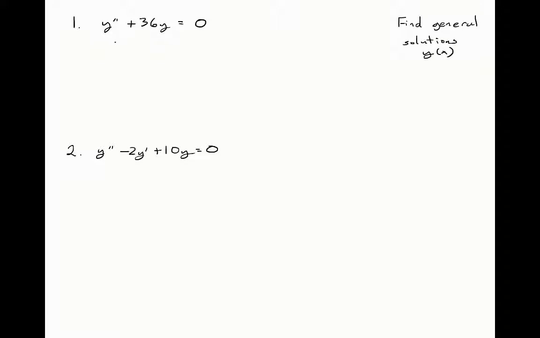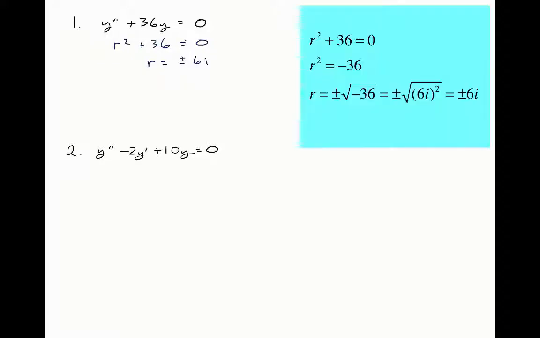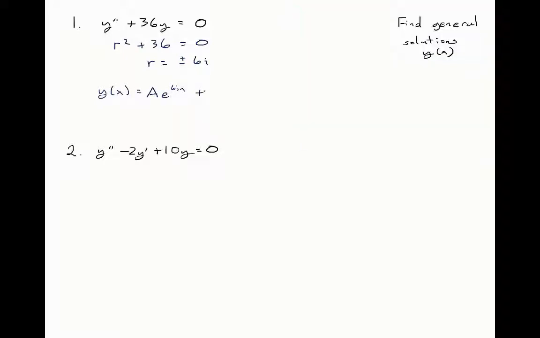Okay, let's write our characteristic equation. Remember, it's just 36, no r. So r equals plus or minus 6i. This is going to give us a pure oscillation. So you can write your answer either in this form or as sines and cosines.